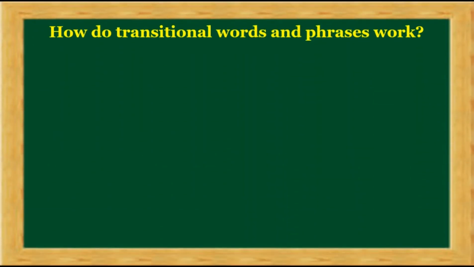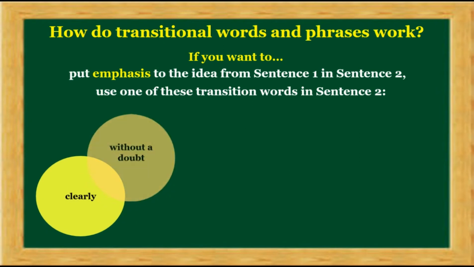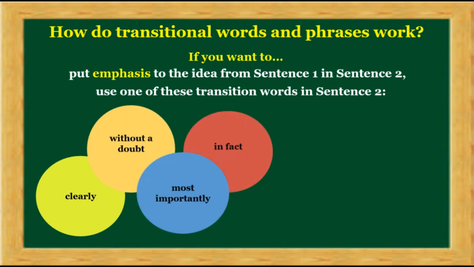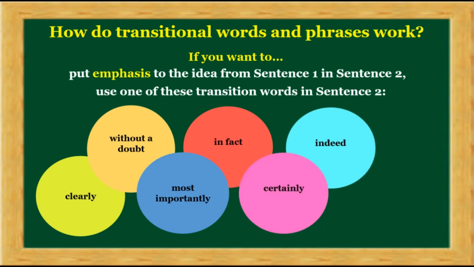If you want to put emphasis to the idea in sentence 1 in sentence 2, use one of the following transition words in sentence 2: clearly, without a doubt, most importantly, in fact, certainly, indeed, or significantly.